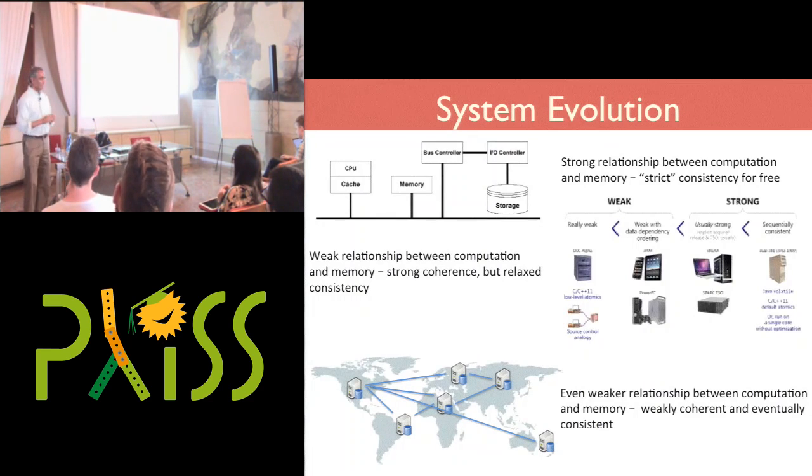In other words, when I write a piece of data in the third picture on some server sitting in North America, what guarantees do I have that someone in Asia is ever going to see it? And if they do see it, how do I know that they're seeing the thing that I wrote, that they're not seeing something else that somebody else wrote that I have no knowledge about? Once we open up the window to allow all of these other weird behaviors, and I'll spend much of my time talking about what these weird behaviors are, we find that we need alternative reasoning mechanisms that go beyond what we've done to rationalize the way we think about computation and memory in shared memory systems or single processor systems.